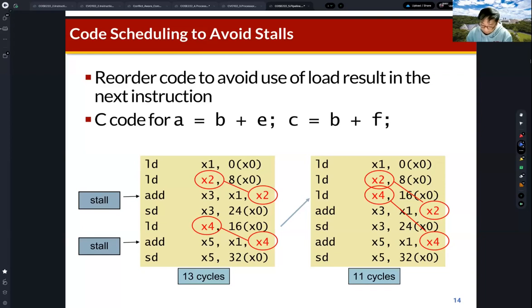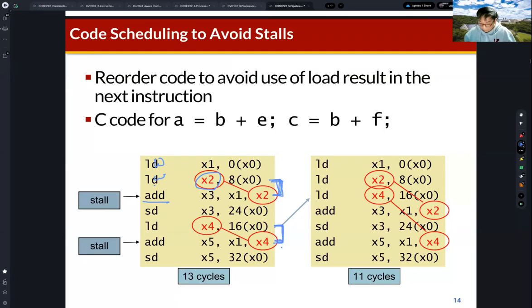So this is the example. In this example, this is the load word. We can observe data hazard here and here, which means that 1 clock cycle is wasted because the add instruction uses the data from this former load instruction, right?